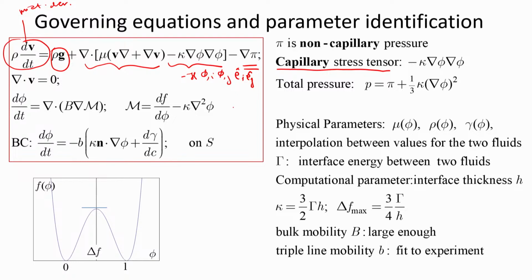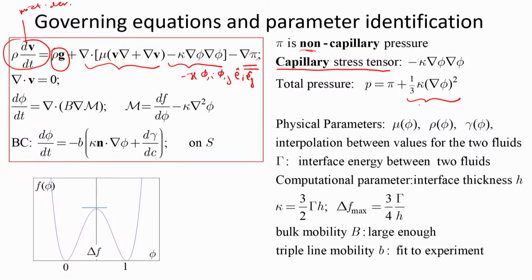Corresponding to that is the fact that our pi here is not a full pressure, it is a non-capillary pressure, because this capillary stress tensor will have a trace, right? There is a pressure component associated with that, so with capillary stresses. So my total pressure is non-capillary pressure plus capillary pressure.